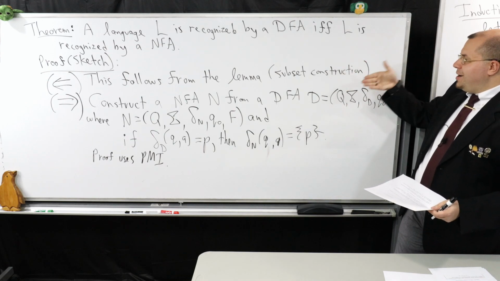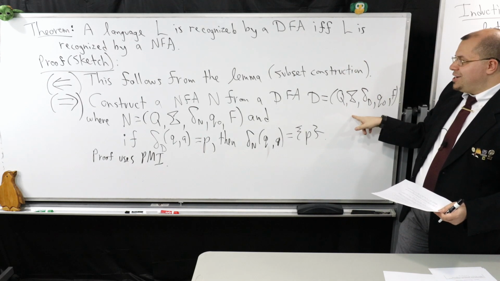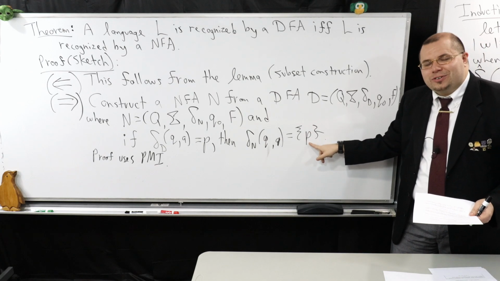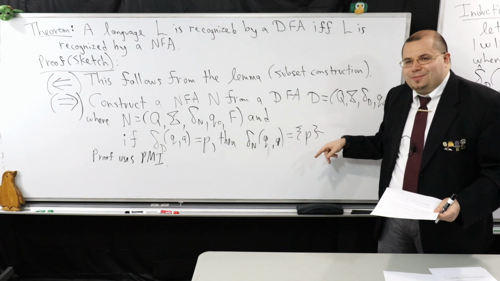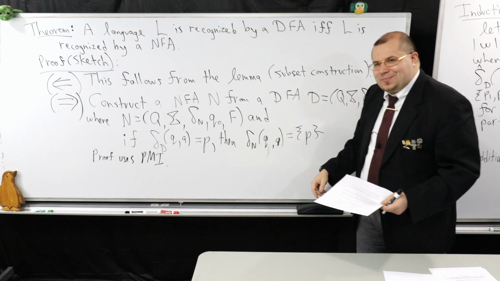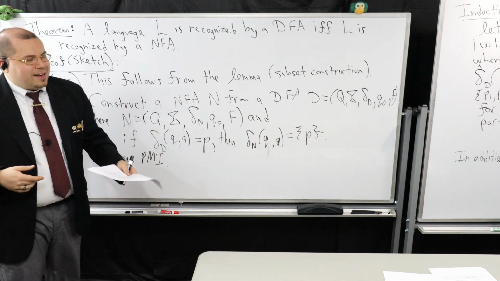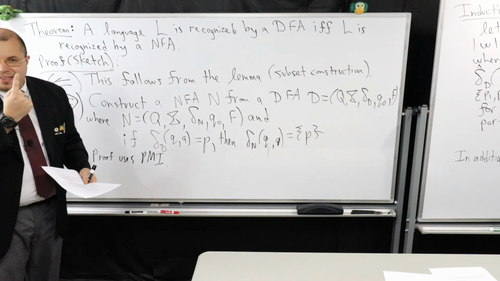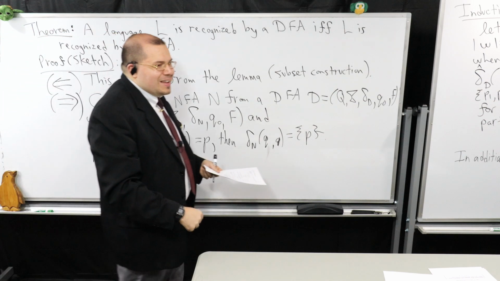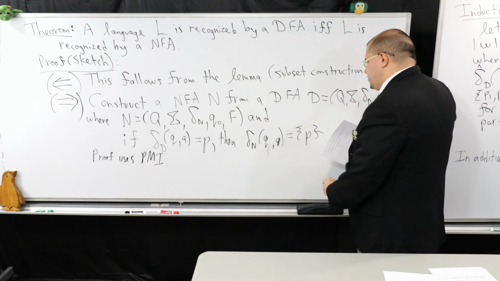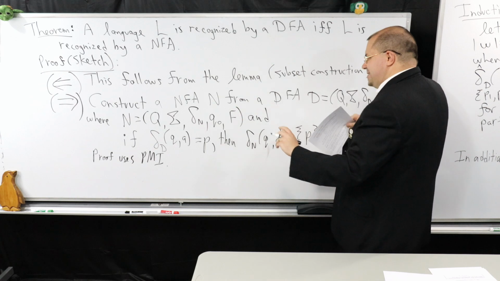One direction I use subset construction, the other direction I build an NFA from a DFA, and all I do is make it so that instead of returning just a state, it returns a set with a state in it. You agree with me that every DFA, if you think about it as an NFA, should just return exactly one state. That's it. Does everybody understand the idea here? So this is essentially the sketch of the proof.